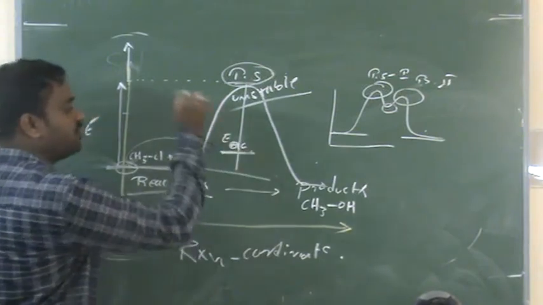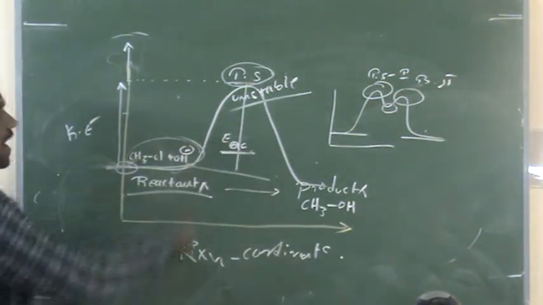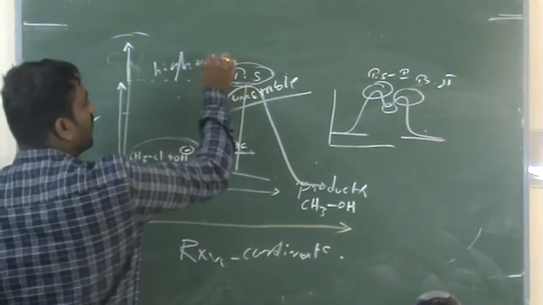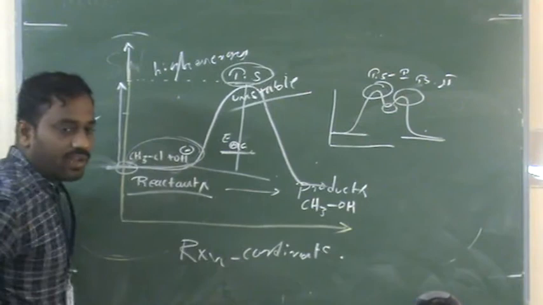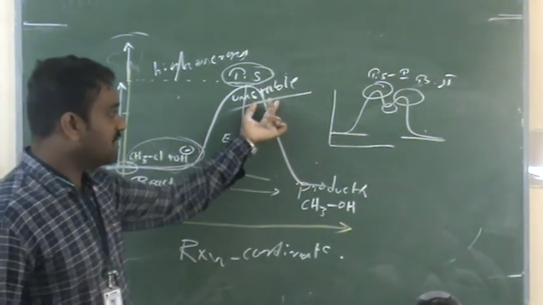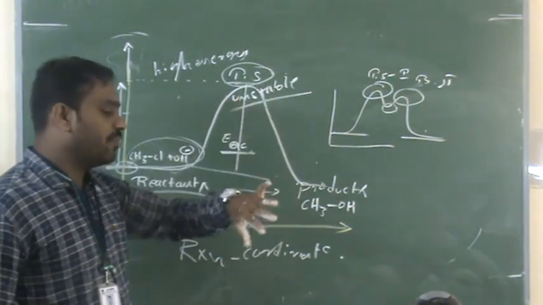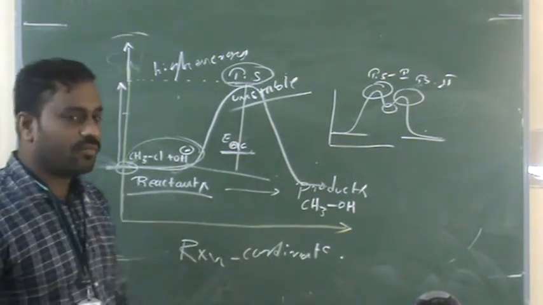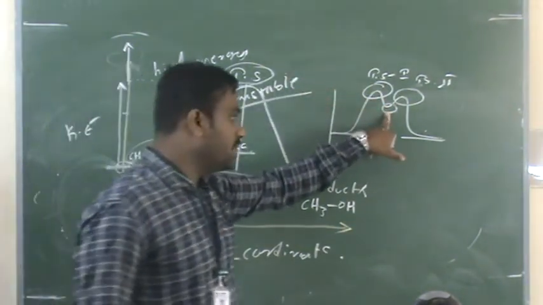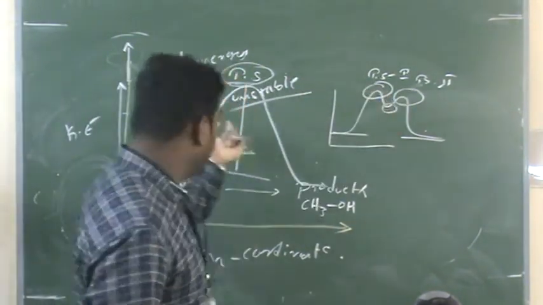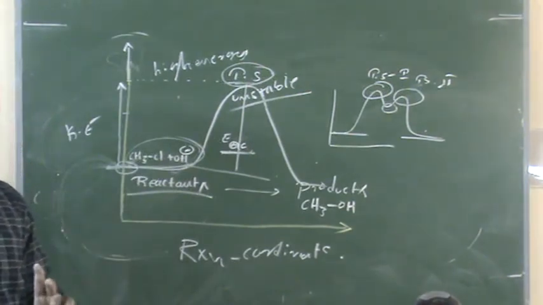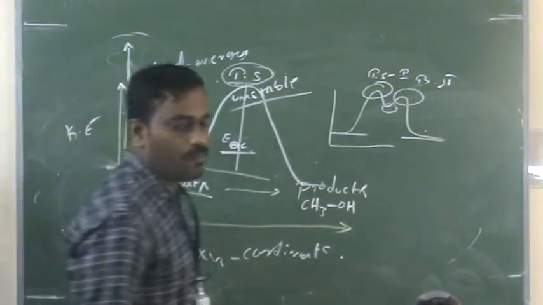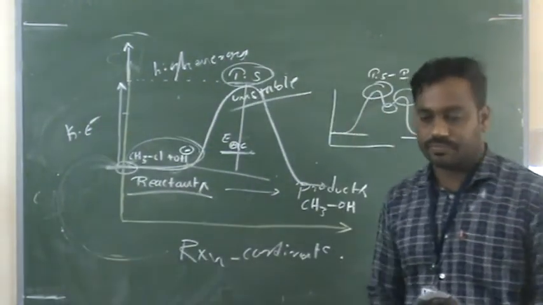The transition state is high energy, so automatically it becomes very unstable. Again, it loses its energy and forms the very stable products. So this is our energy level diagram. Once again, if there is one intermediate, there are two transition states. If there is no intermediate, one transition state. I hope you understand. We are going to the next concept.